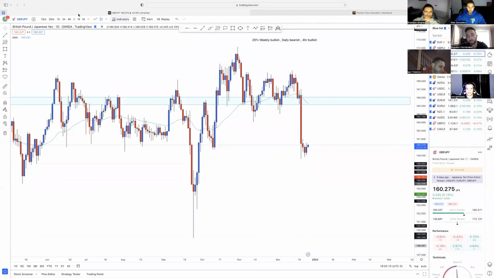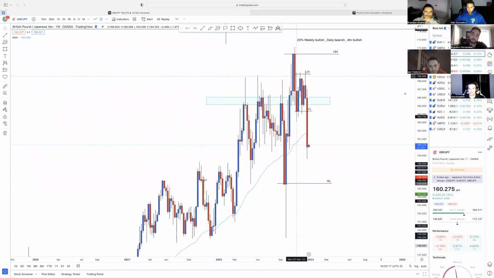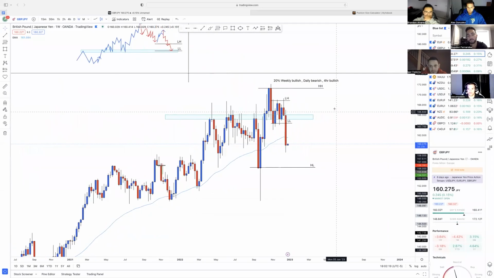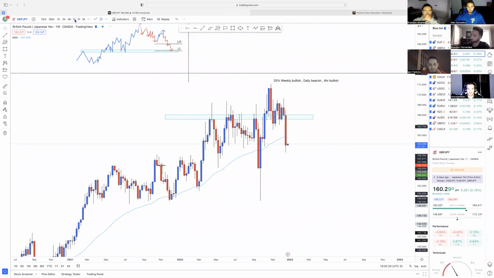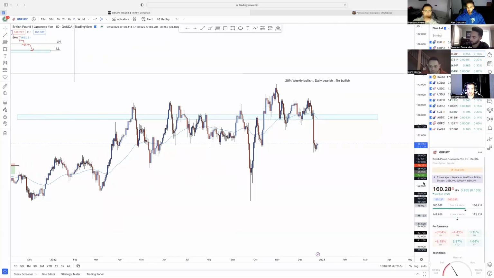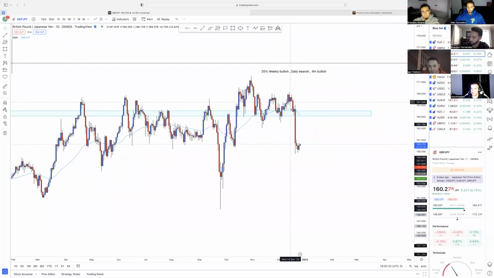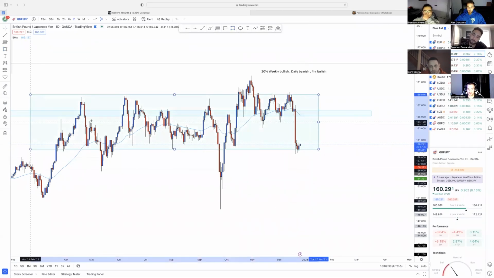GBP JPY. I mean, this should be pretty self-explanatory. We're obviously still bullish on the weekly, but we have the majority of the time frames bearish. So the most ideal trade setup here based off of a day trade would be to just wait for a retracement. If we know this is the lower high right here, and if we know that this is the lower low, we use this as our area.